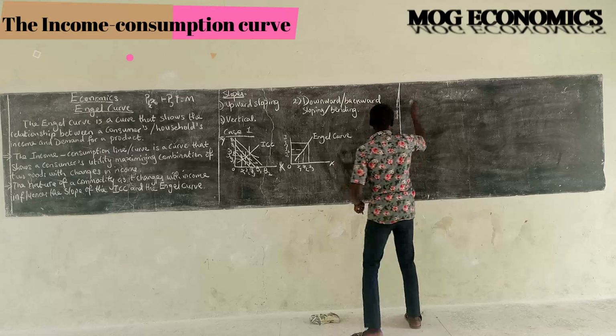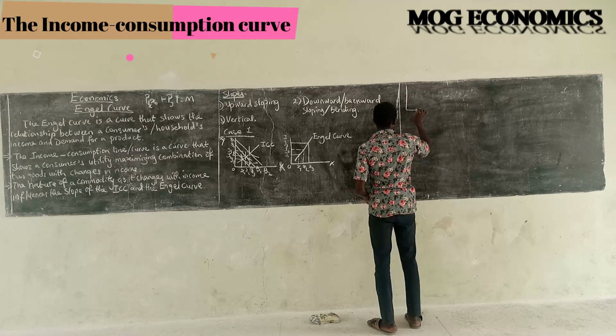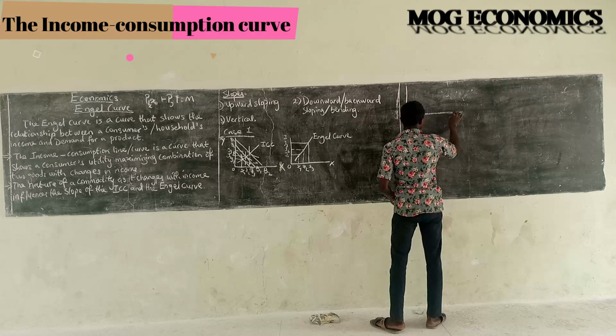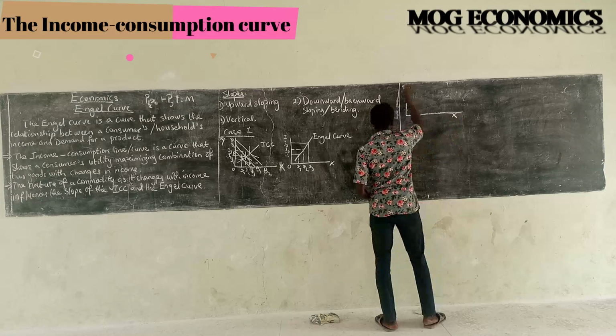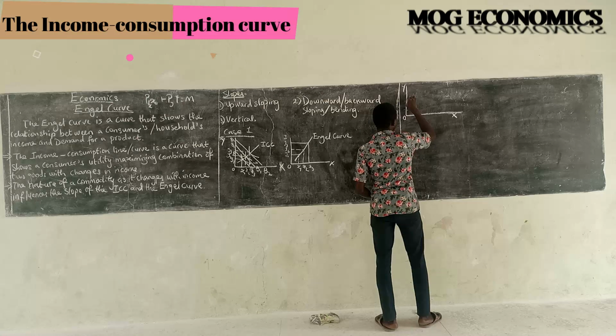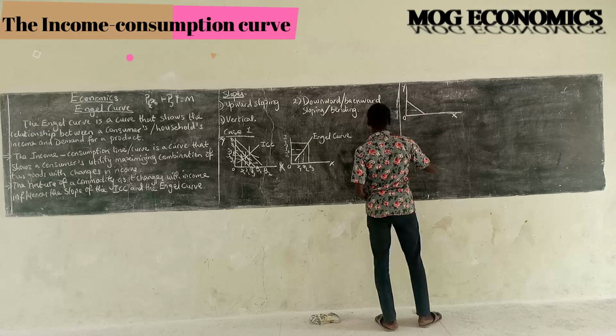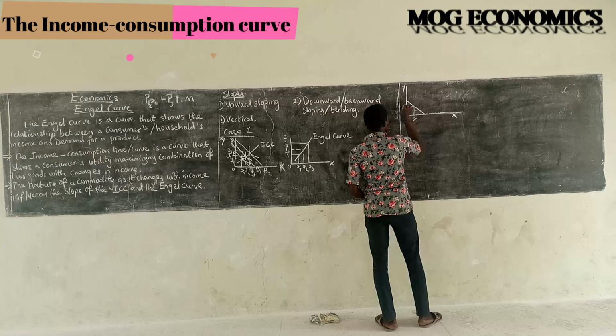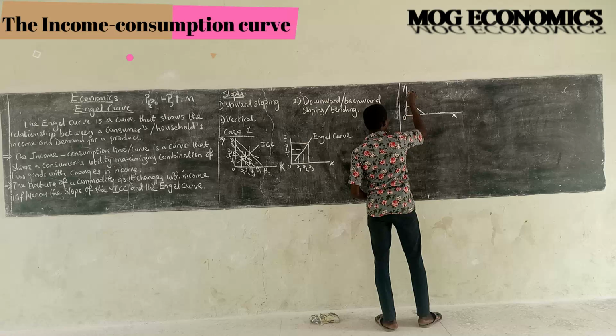So what I'm trying to say in essence is this. This is quantity X, this is quantity Y. Alright, so you have this. You're consuming this and this, X1, Y1. Your income increases to this point.